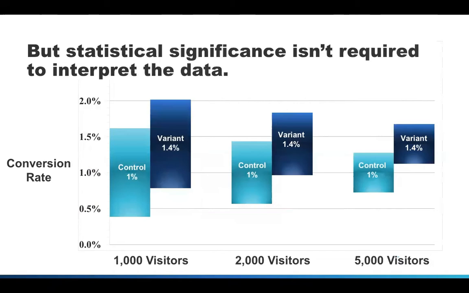In the 2,000 visitor case, the bar gets a little bit shorter. In the 5,000 visitor case, it's shorter still. Now, in order for it to be statistically significant at a 95% level, the bars would have to not be touching. But let's look at what you could get from this.